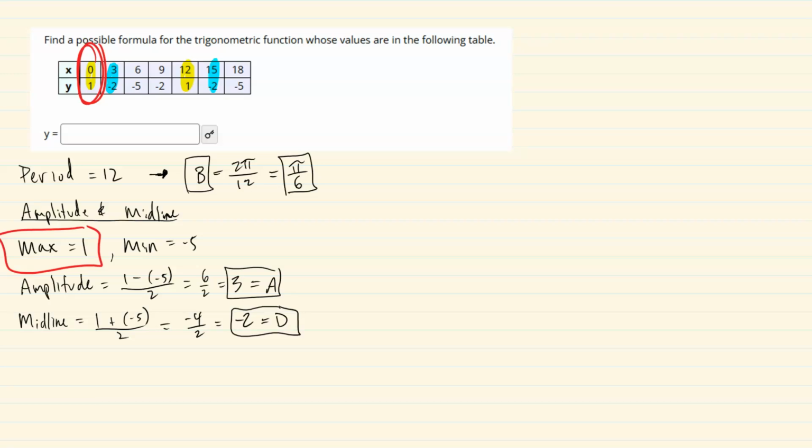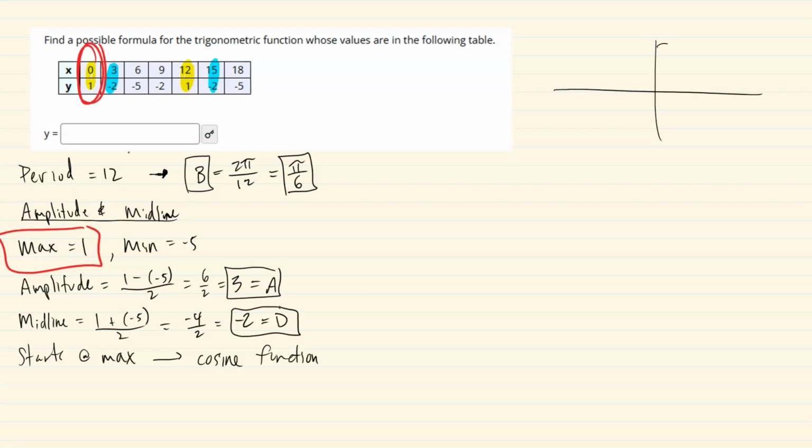So since it starts at max, that tells us we're dealing with a cosine function, right? Because if you're thinking about a cosine function, you start at the max and then you build your graph.